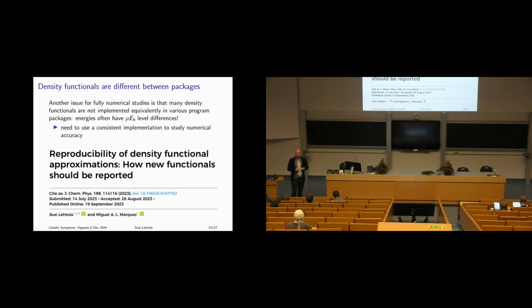For instance, in the PBE paper there are like three choices you can make for the constants for the PBE exchange functional, because the paper gives approximate values at some points. You need to be really careful. If you're trying to study the accuracy of a Gaussian basis set by comparing to a fully numerical calculation, and the functional is not exactly the same, the error you get might actually be from the density functional, not from the basis set.